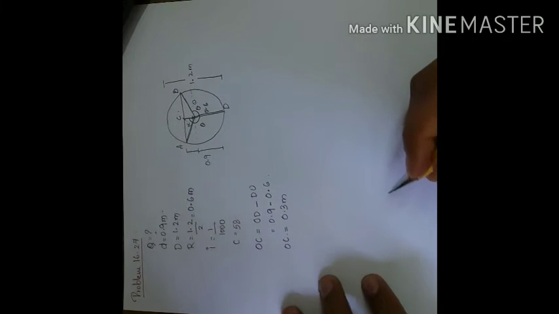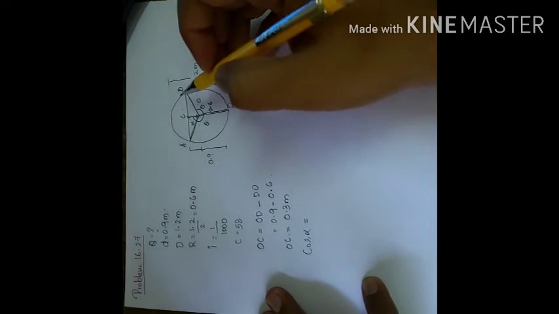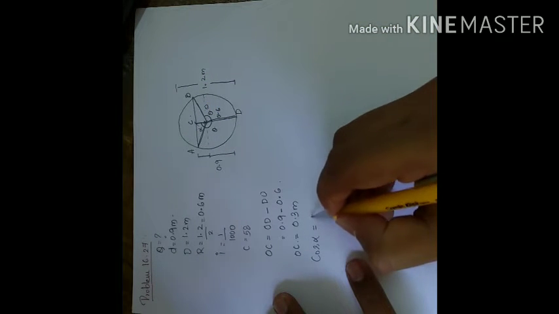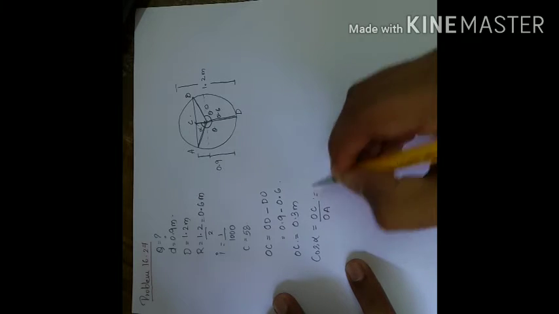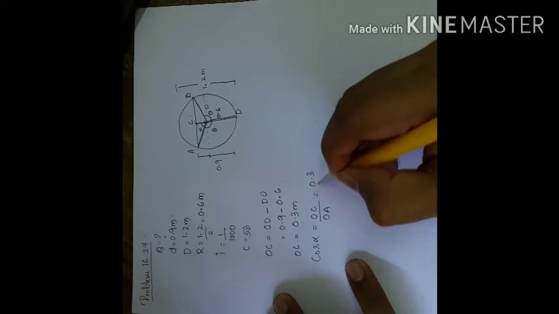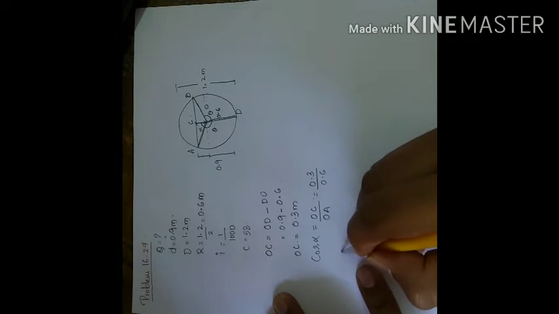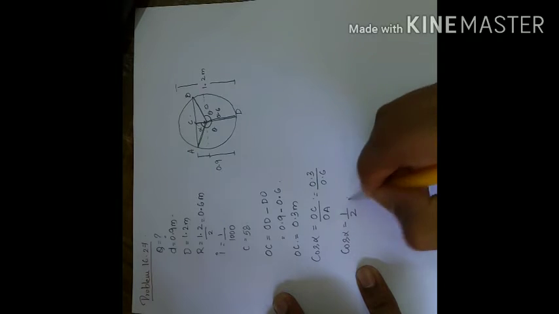OC is 0.3. Now next, calculating cos alpha. What is this cos alpha? The remaining angle here is nothing but adjacent by hypotenuse. Adjacent is OC, hypotenuse is OA. OC is 0.3, OA is 0.6. So cos alpha will become 1 by 2.